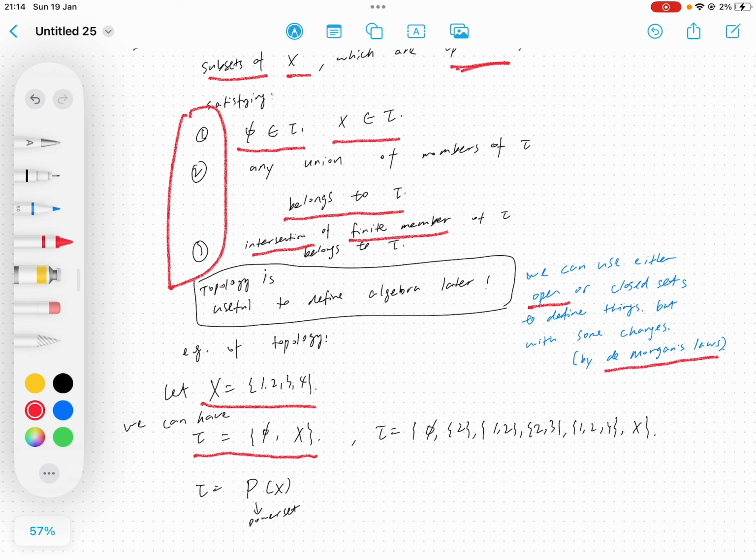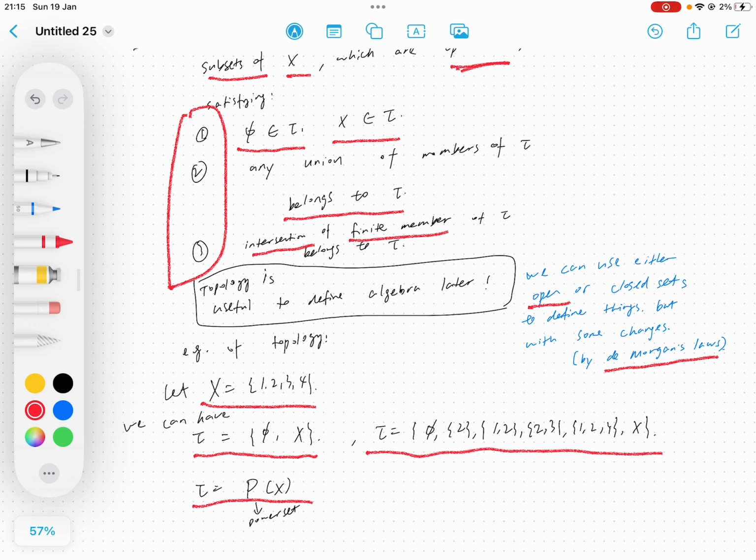You can verify this by yourself. And another extreme case would be the power set. Okay, so we can have all the possible subsets of X itself and throw that into the set tau, and that will also be a possible topology.